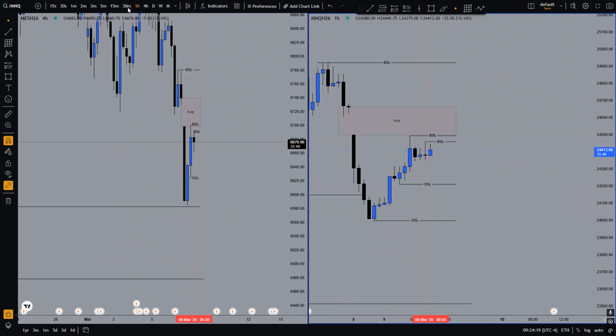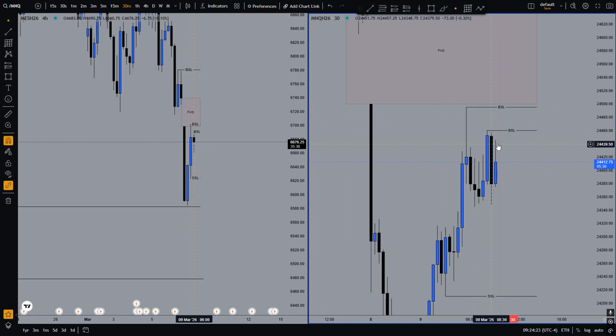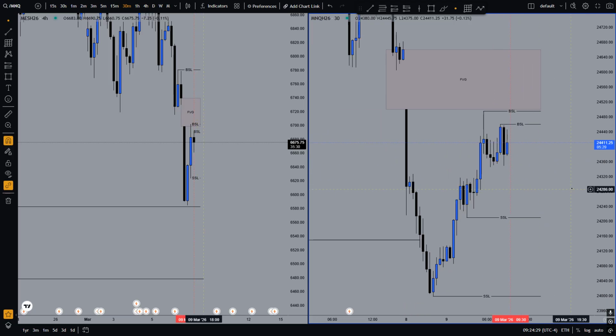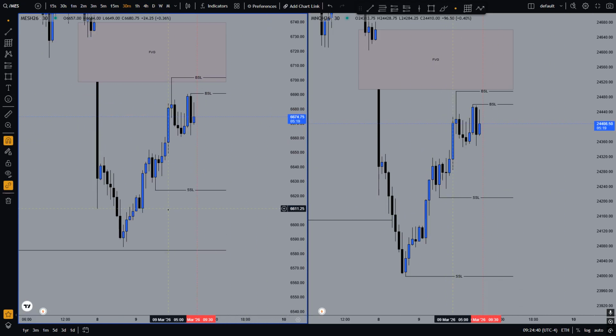So from here, I marked out my buy side, and I want to see what we do after taking these highs, right? Do we see instant legs to the downside? Do we put in a model? Because if we put in a model to the downside, I could take a stab short lower to target sell side, equilibrium of this range, sell side, but also on ES, these relative equal lows that we now put in here.